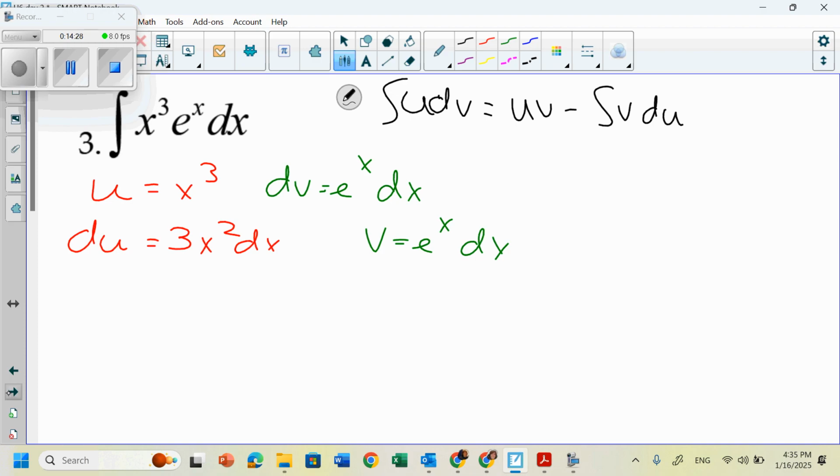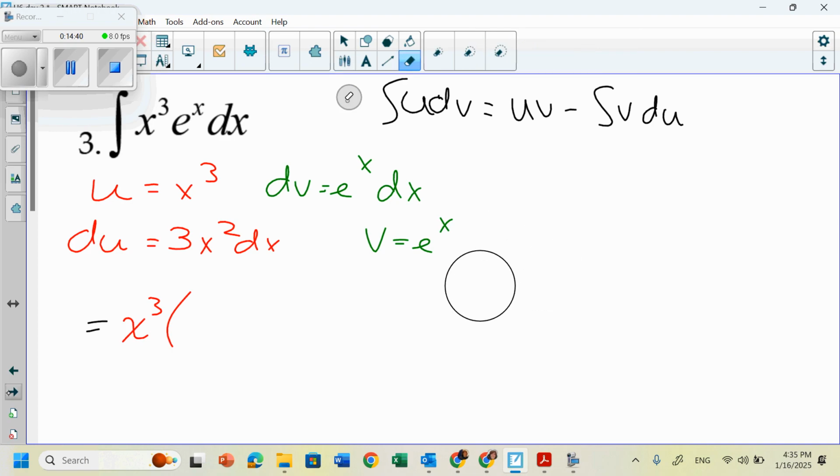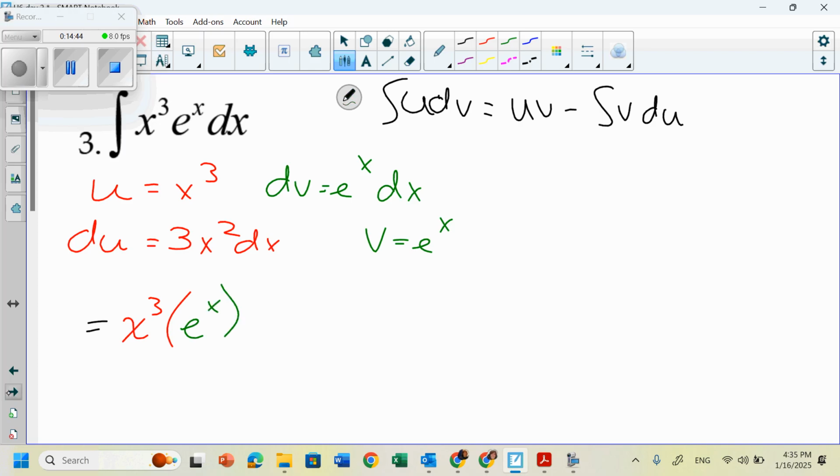Oh, I put a dx there, it shouldn't have been there. V minus the integration of v du. Here's an issue. This right here, I still can't integrate that.